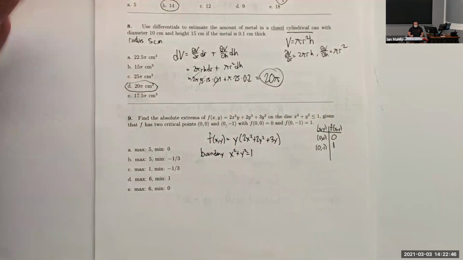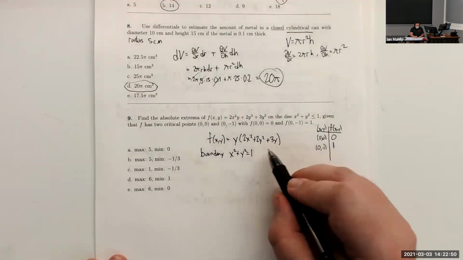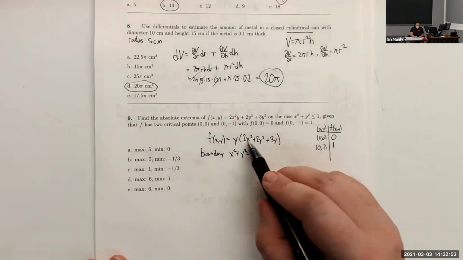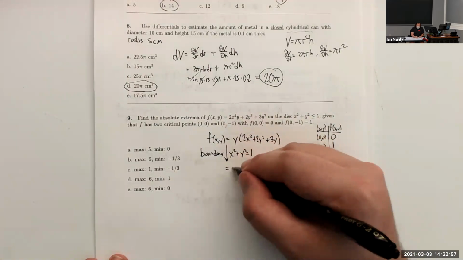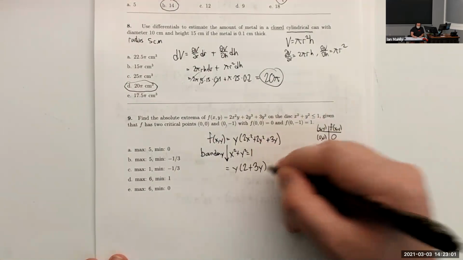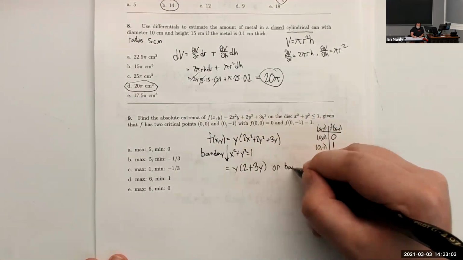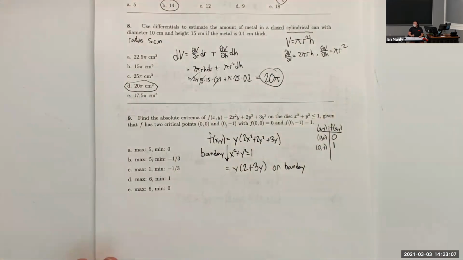Right? So we're looking at stuff on the boundary. Now, that's a really useful piece of information here because x squared plus y squared appears right here. So that means that this is going to be y times 2 plus 3y on the boundary. Because x squared plus y squared, anytime we see those added together, that's going to be 1, as long as we're on the boundary.